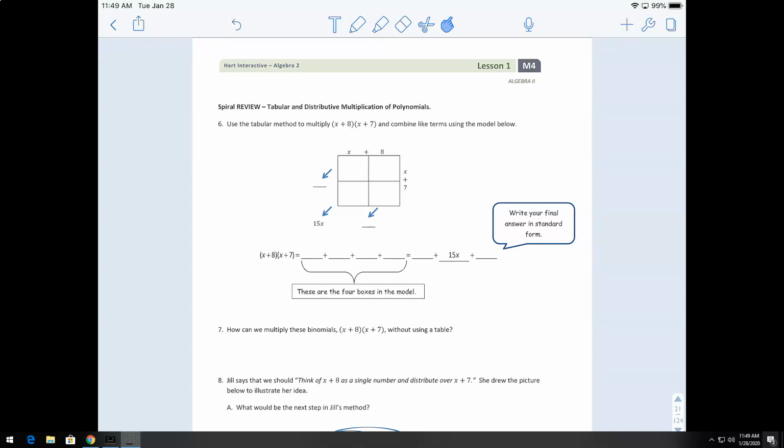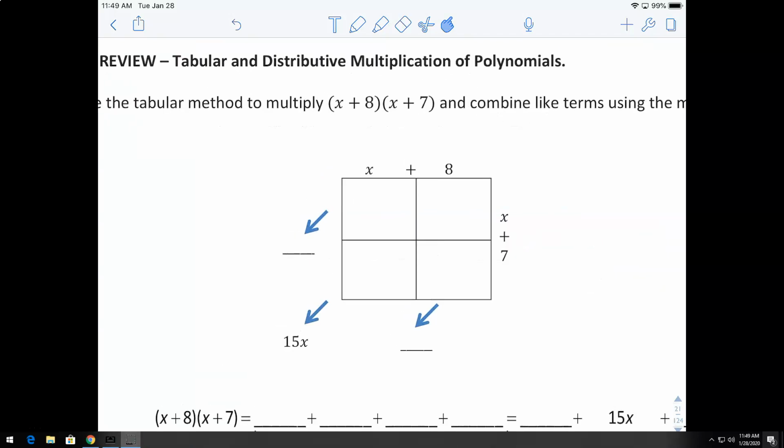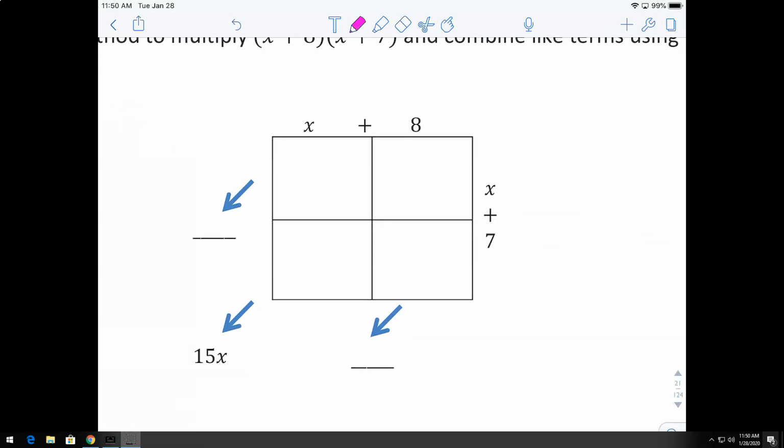So I want you to notice that they do their box on the right-hand side instead of on the left-hand side, and they do that so that you can combine. They do that so that they can add across this way, and it works out nicely.